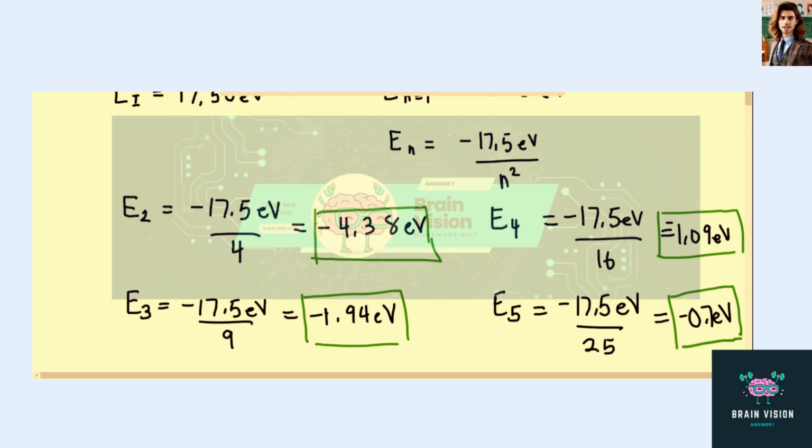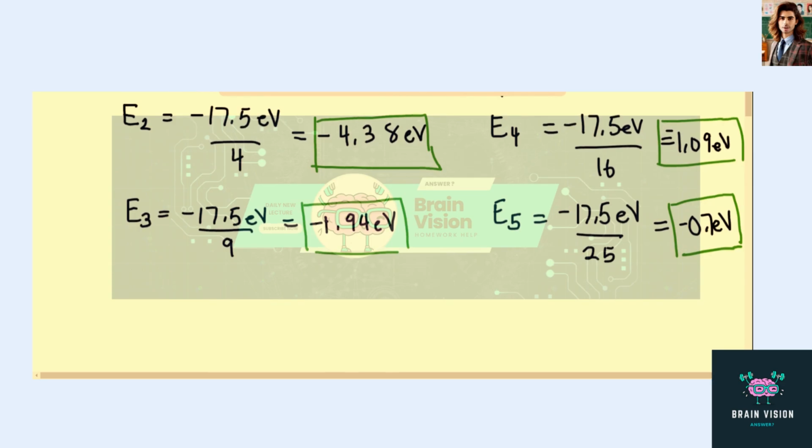Now in part B, we're asked if the electron makes a transition from the n equals 4 state into the n equals 2 state, what wavelength of light would it emit? Basically, the energy change in going from the n equals 4 state to the n equals 2 state will be carried off by a photon. So the first thing that we need to do is calculate what that actual energy change is.